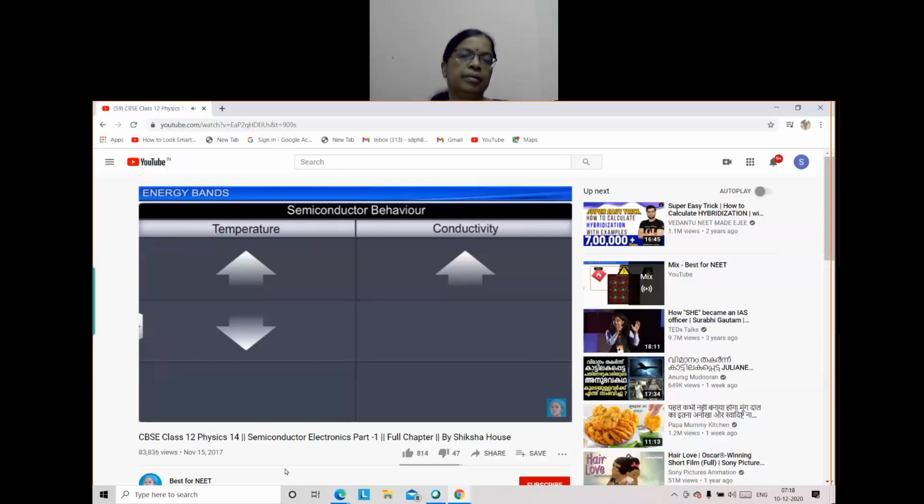At the temperature of 0 Kelvin, the conduction band is practically devoid of any electrons, and as such, there cannot be conduction through the semiconductor. Hence, at 0 Kelvin, a semiconductor behaves as an insulator. This is the case of the semiconductor crystal.